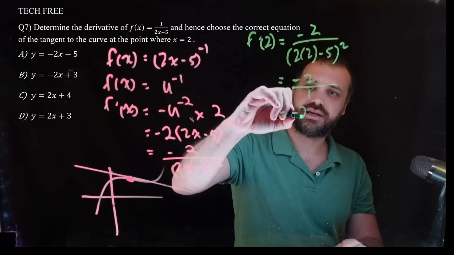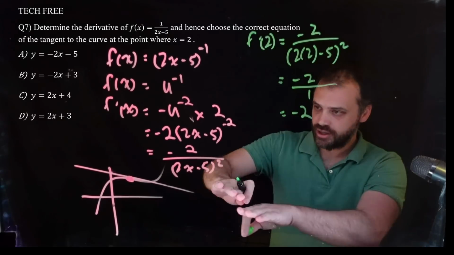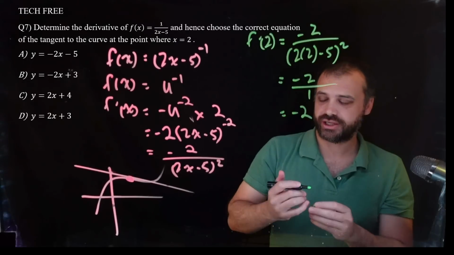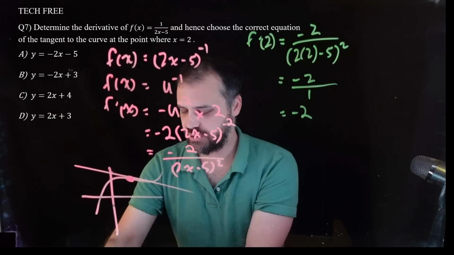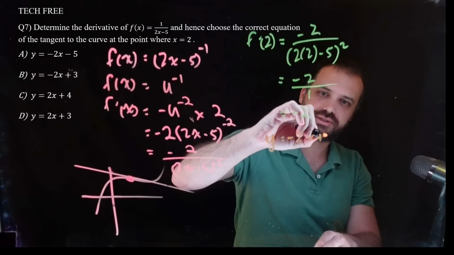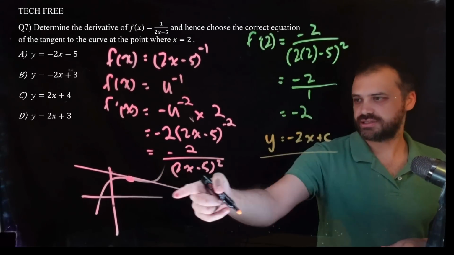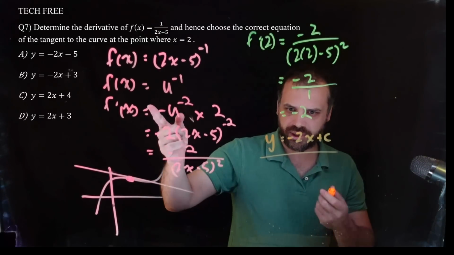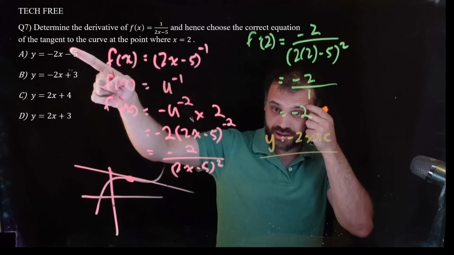So I get negative 2. Alright, great. The gradient of that line is negative 2. So I can say y equals negative 2x plus c, where that is the equation of that line. So that means that my answer is probably A or B.